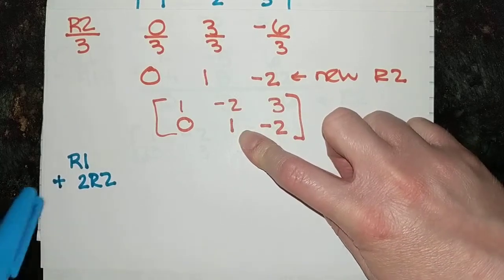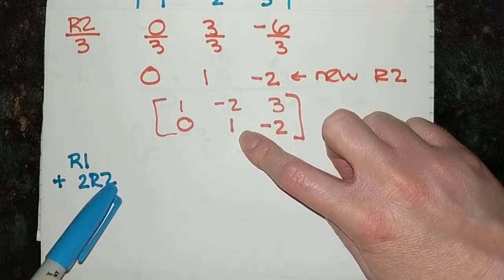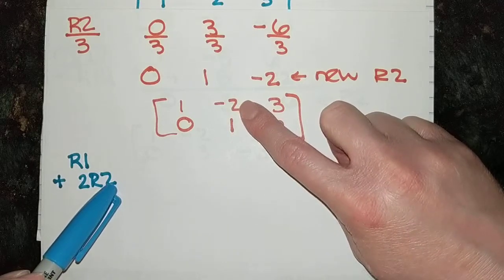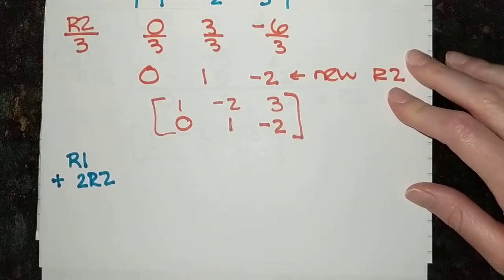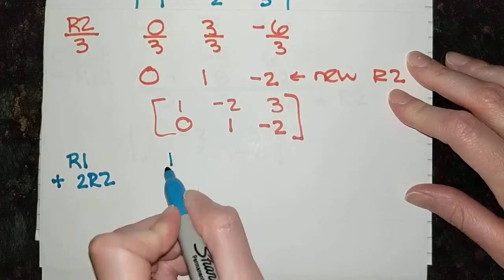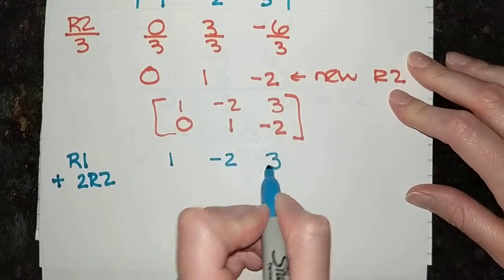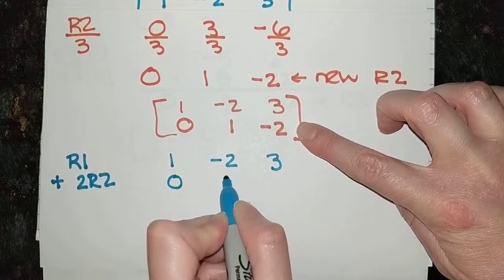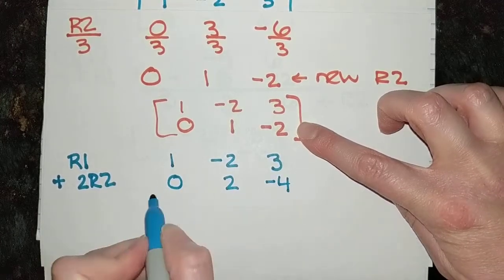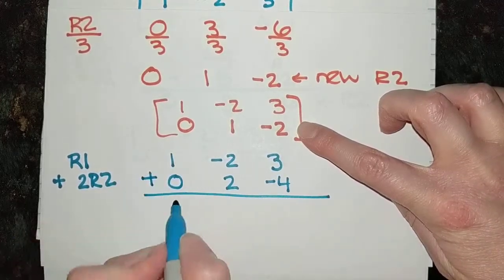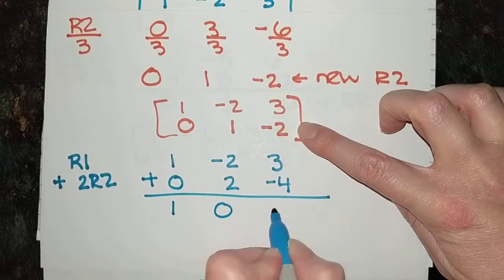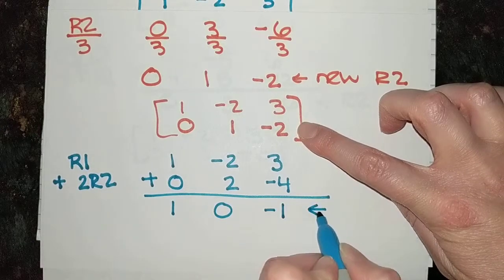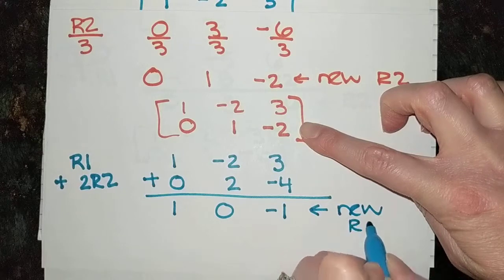So you're actually going to be adding it to 2 times row 2 because of the fact that row 1 has that negative. All right, so we start with row 1 as 1, -2, and 3, and then multiply row 2 by 2, so we have 0, 2, and -4. And then we'll add those two together to get 1, 0, -1. And this will be my new row 1.